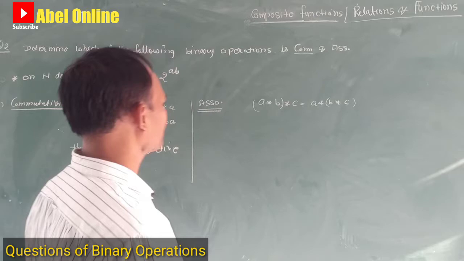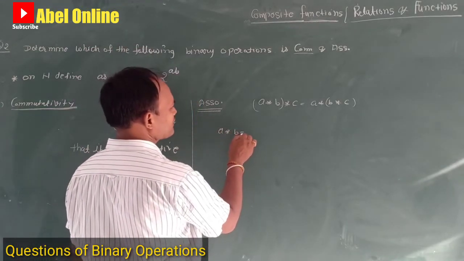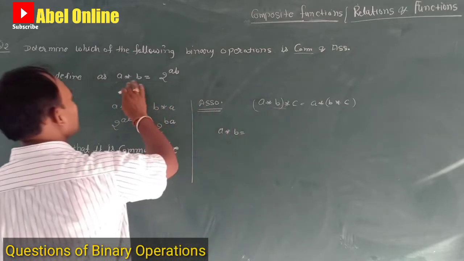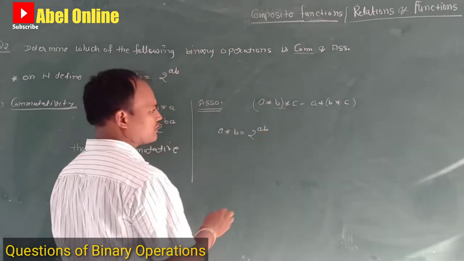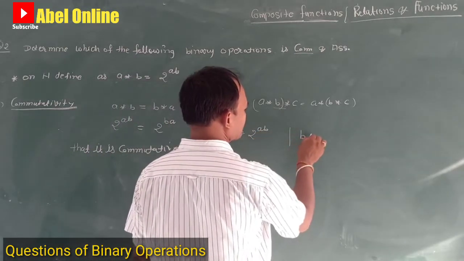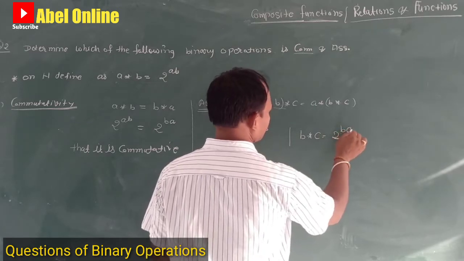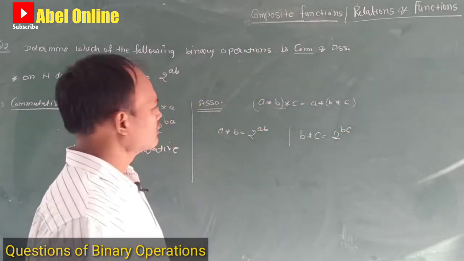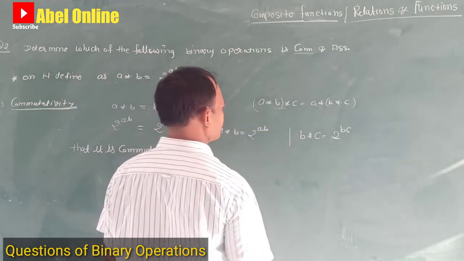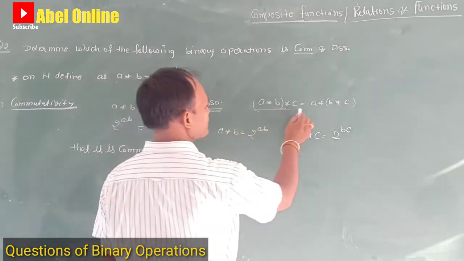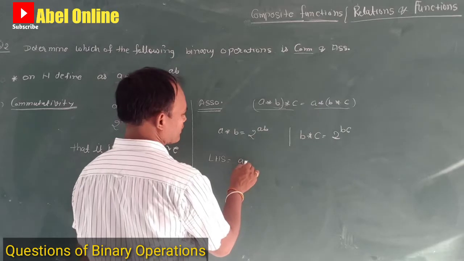When we are talking about a star b, a star b means e to the power ab, and b star c means e to the power bc. Now there are two parts, one is the LHS, the other is the RHS. So take LHS. LHS is (a star b) star c.